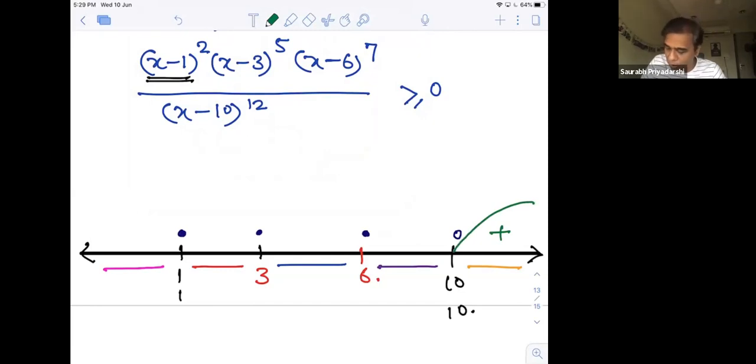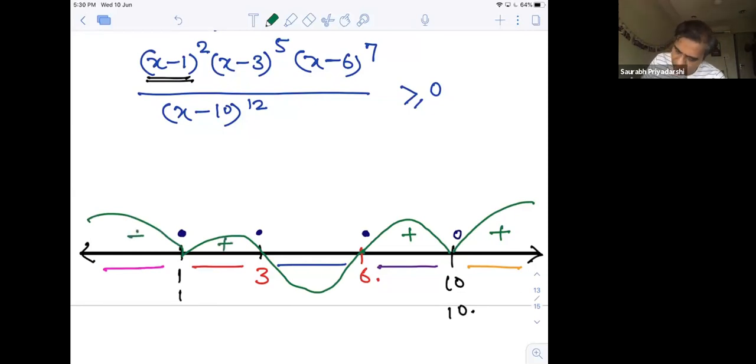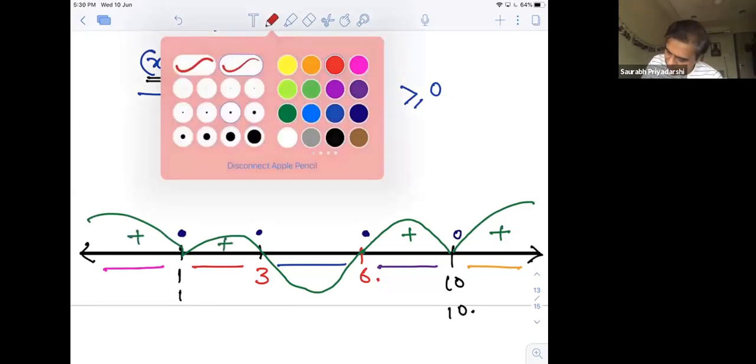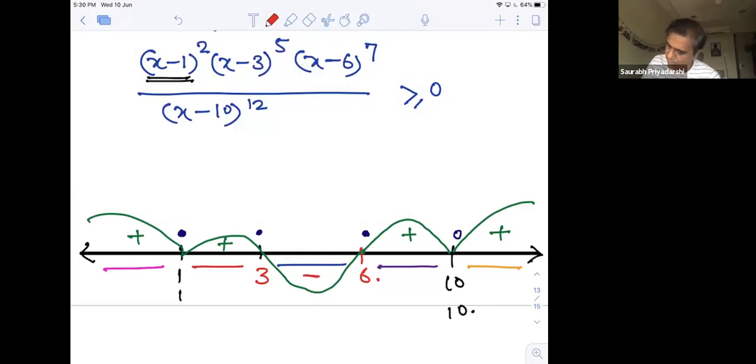So it is positive here again. Then it will change sign because 6 comes an odd number of times. This is positive, positive, positive, positive, and this is negative. This is the only portion where you get negative, right?